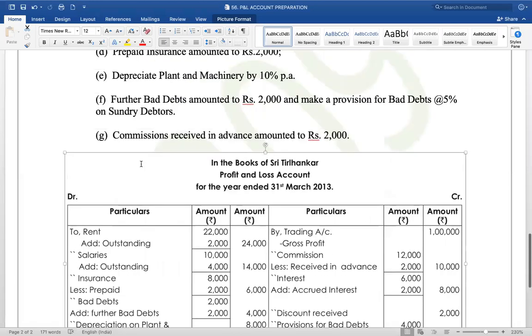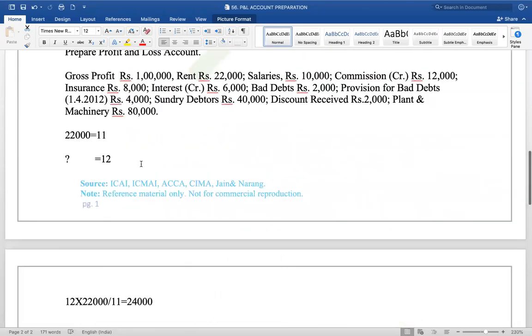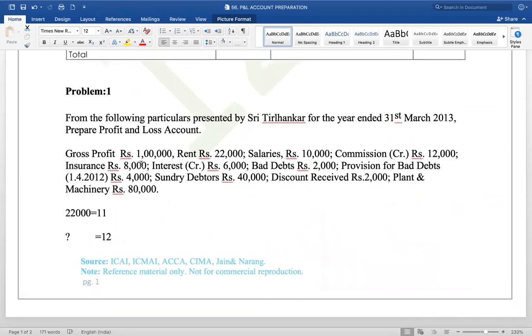Now let's come to the case. Look at this. This is a problem. From the following particulars presented by Sri Tilankar for the year ended 31st March 2013, prepare the profit and loss account.